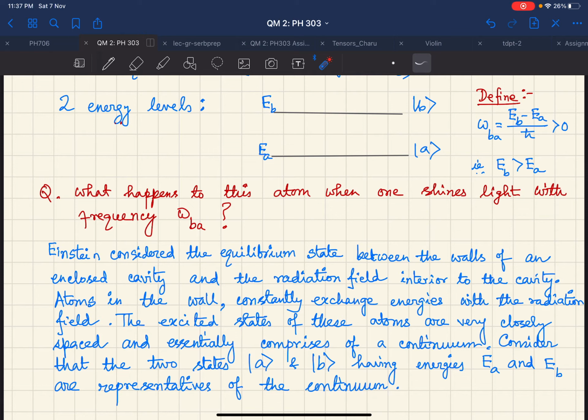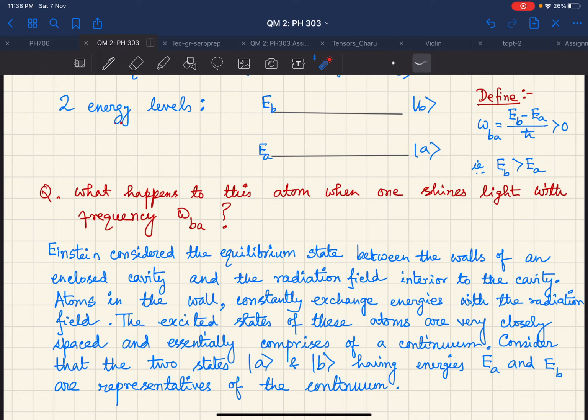The excited states of these atoms of the wall are very, very closely spaced, and essentially you can think of these spacings to be such that everything is in a continuum.